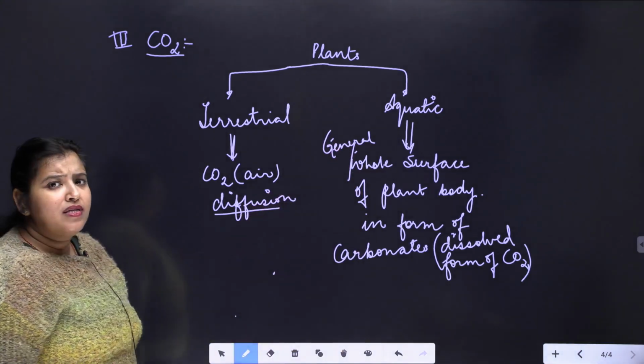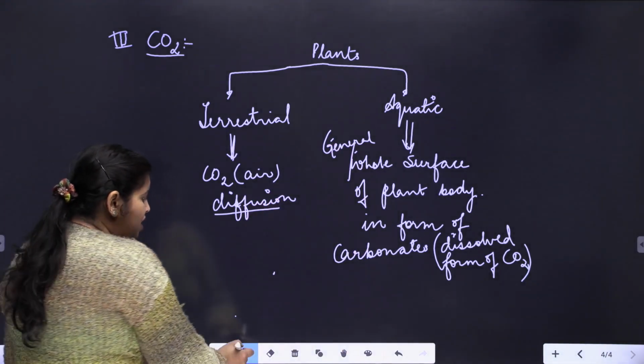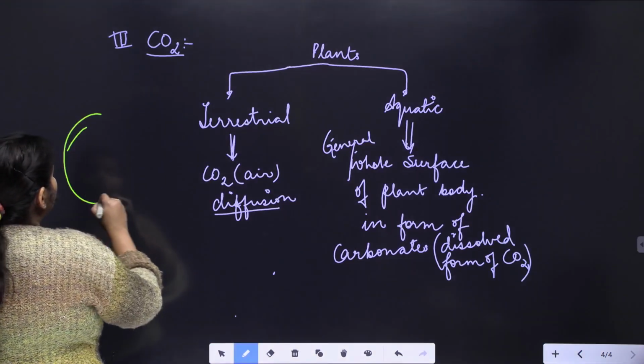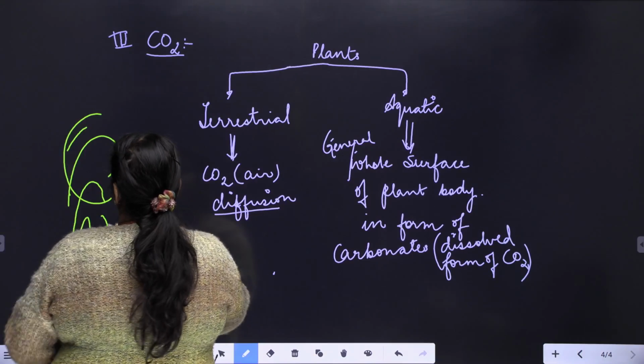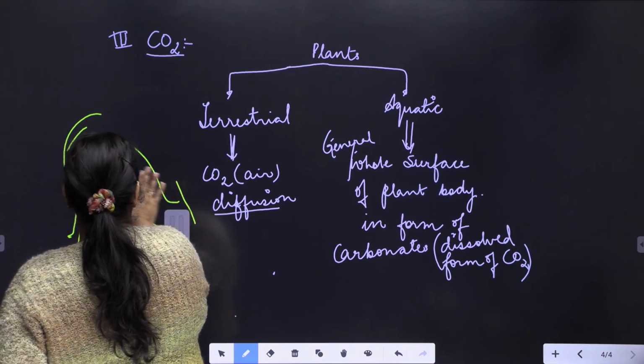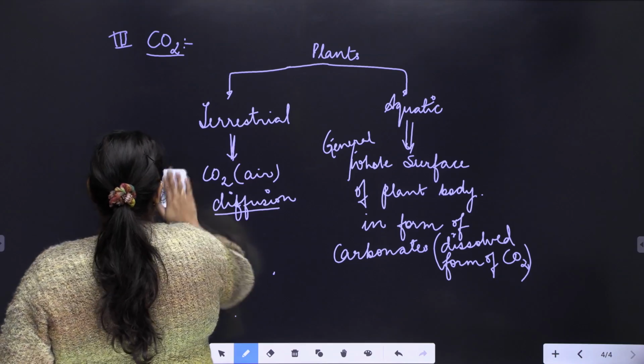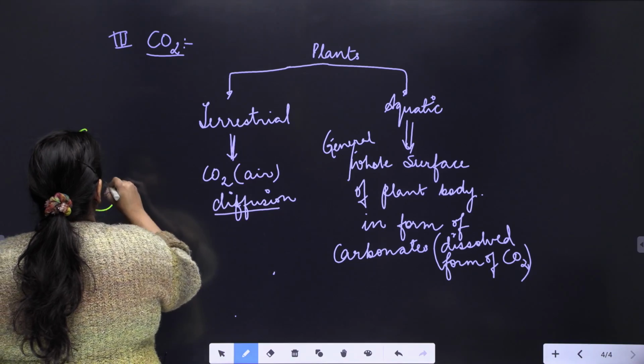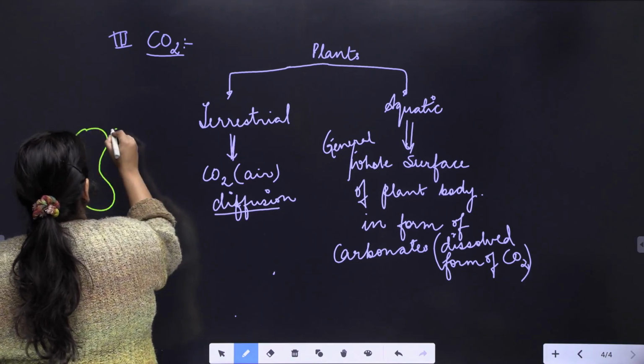How are aquatic plants taking up this carbon dioxide? Aquatic plants take up this carbon dioxide through the small pores which are present on the surface of the leaves. You have heard the name of stomata.